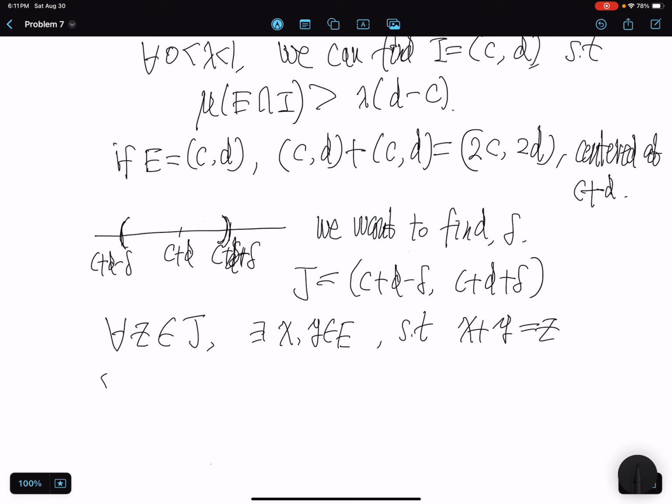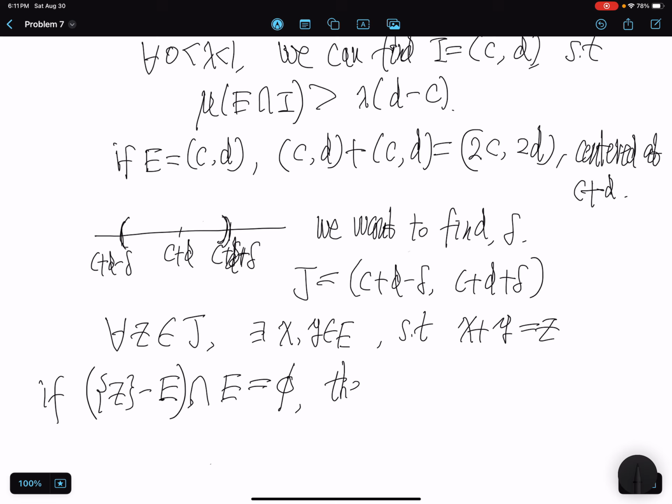Using the same approach as in our last problem, we consider these two sets: Z minus E and E. We want to show these two sets are not disjoint. Suppose they are disjoint.